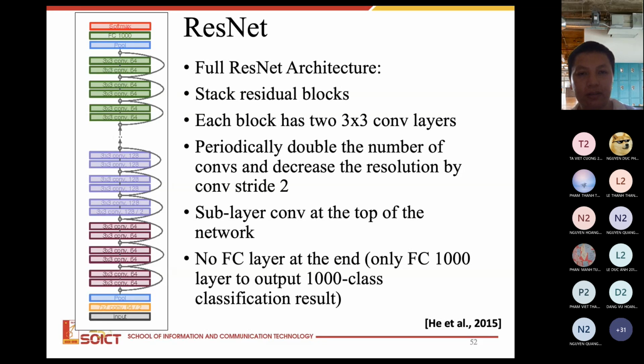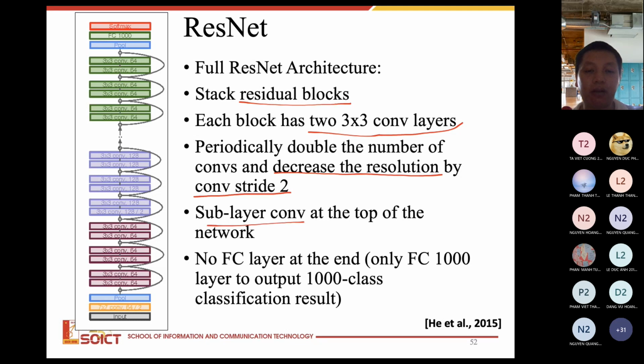Okay, so for the ResNet, you have a stack of residual blocks. A residual block has two 3x3 convolution layers, and you periodically double the number of filters and decrease the resolution by convolution with stride 2.